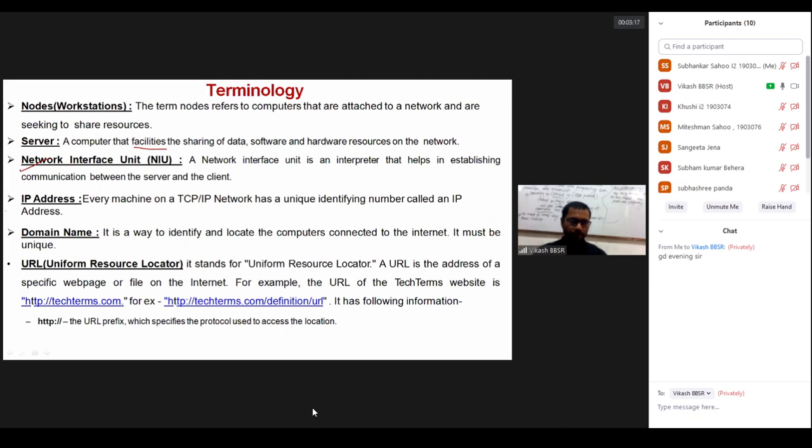Next is the IP address. Okay, have you seen your IP address, all of you? Can you tell what is your IP address? You can say by checking your device.